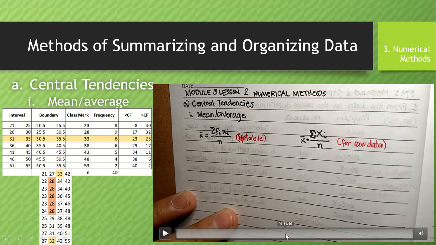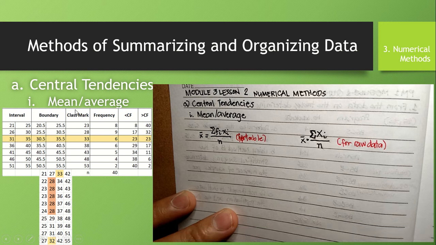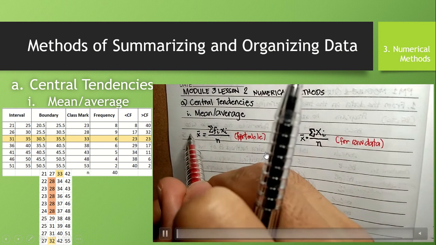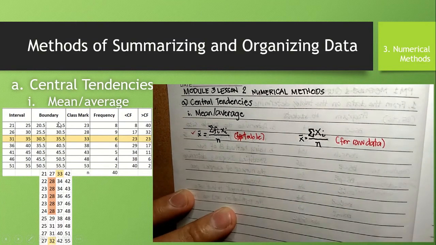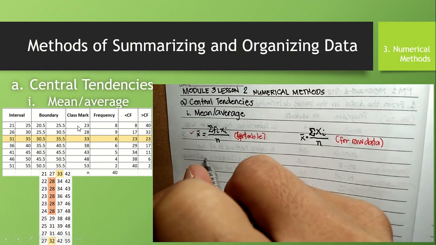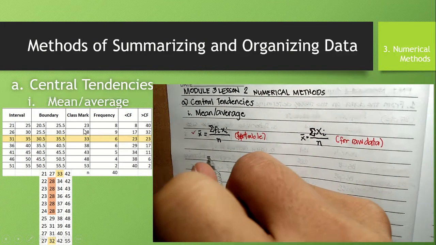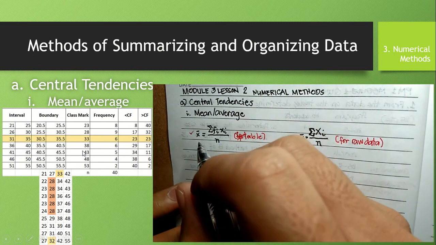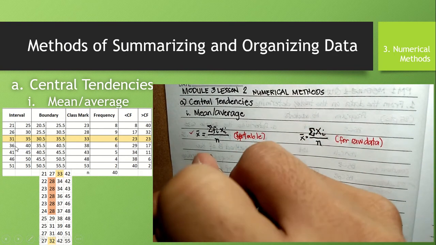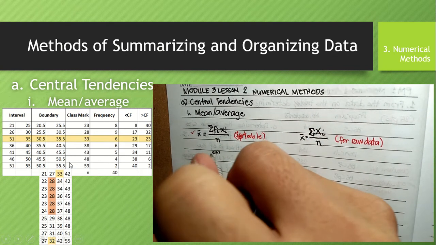Okay, so let's start with this table here. Here's the solution for this table on how we get the mean or the average. First we will solve for the mean of the grouped data, so using this table.